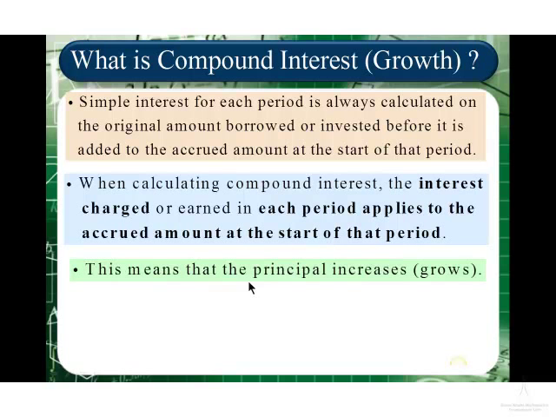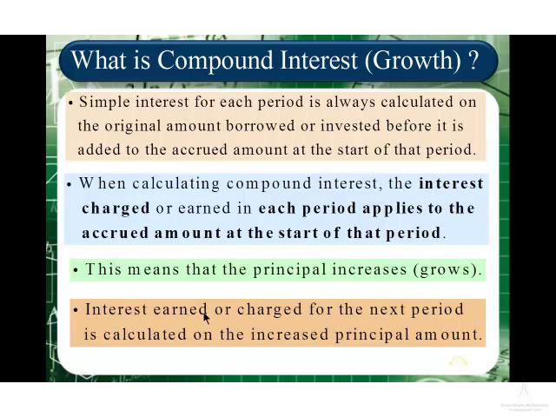This means that the principal increases or grows over the interest periods. Interest earned or charged for the next period is calculated on the increased principal amount at the start of each period.